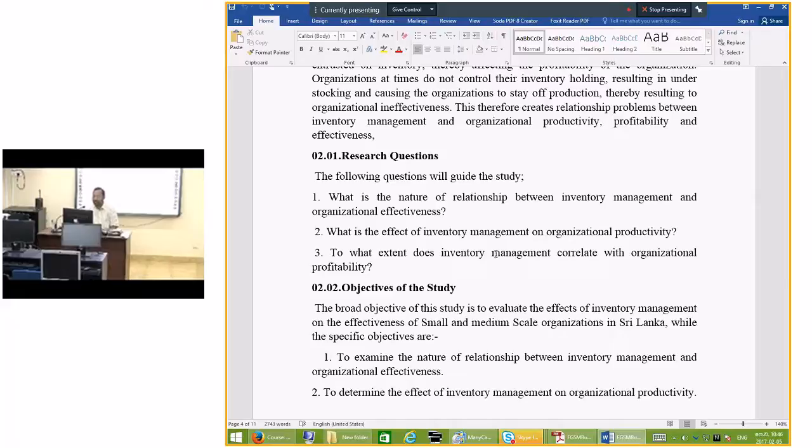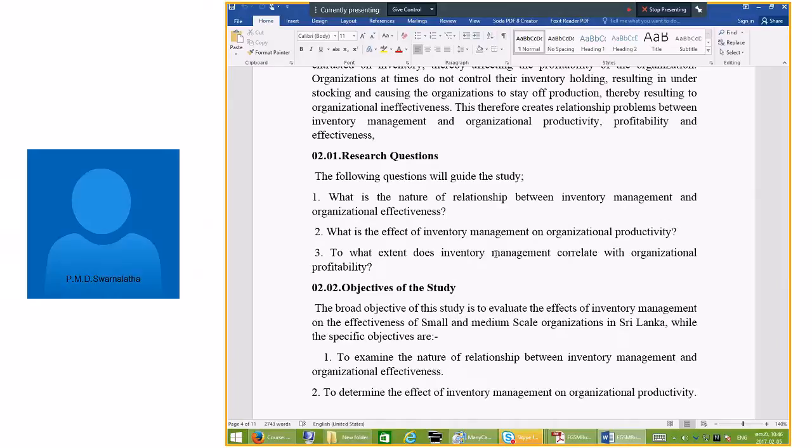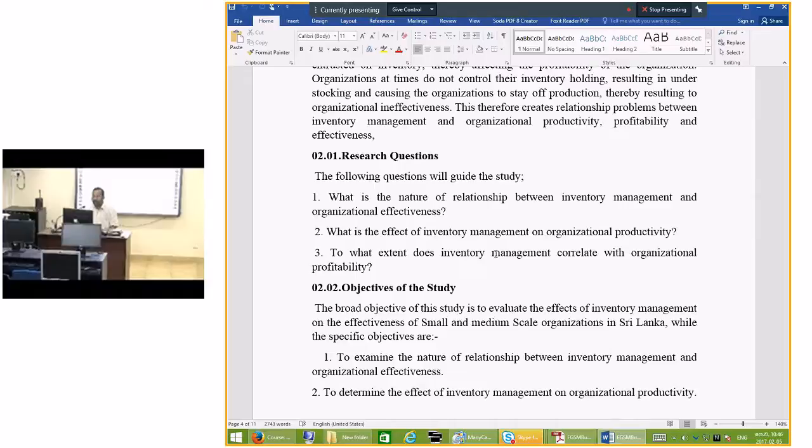Then your research question is: what is the relationship between inventory management and organization? Which one do you want to use, profitability or productivity? Profitability, sir. Inventory management and organization profitability. The second one is inventory management and organization profitability, the same.